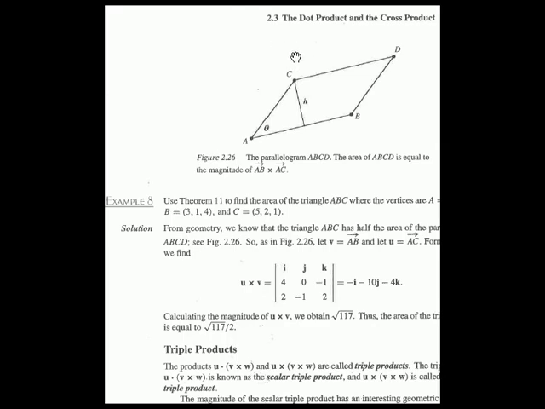And notice you can also use that then to find the area of a triangle. Let's say the triangle ABC, because that'll just be half of the area of the parallelogram. So you just calculate the area of the parallelogram and divide by 2. So that allows you to get the area of a triangle in 3 dimensions. So imagine that A, B, C are arbitrary points out in 3 space, and you form a triangle by connecting the lines there.